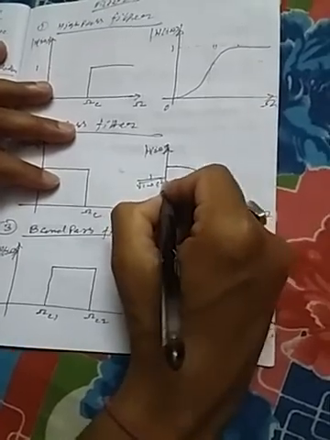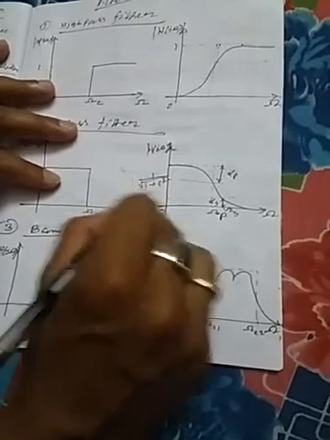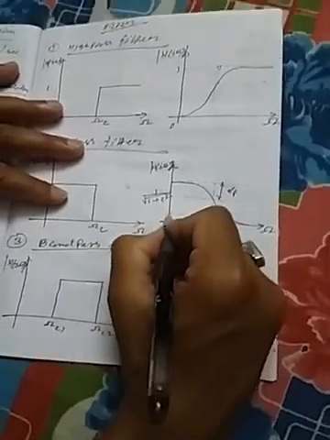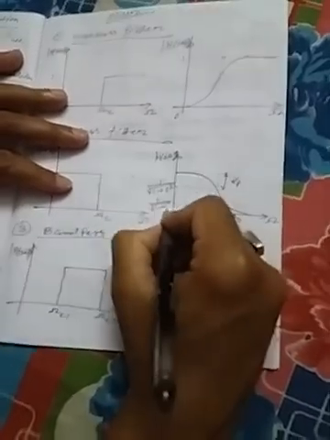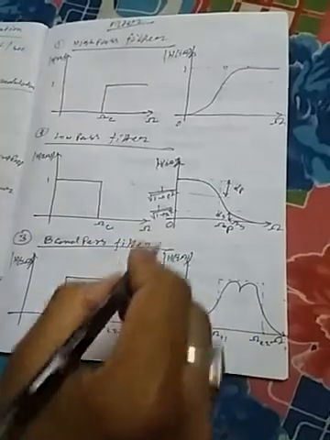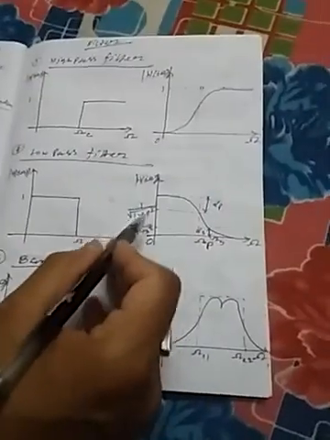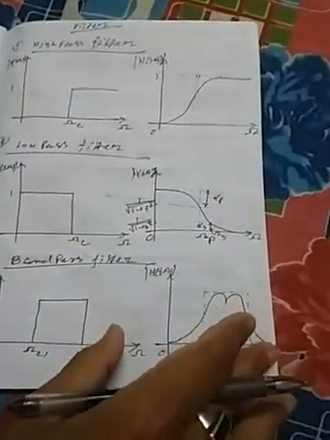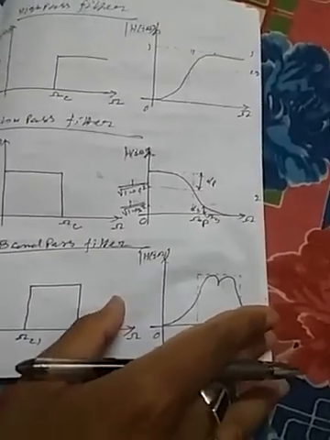This value will be equal to 1 by root over of 1 plus epsilon square, and this value is equal to 1 by root over of 1 plus lambda square. If you calculate, then you can see that this value will be equal to this, right? So these are the things.